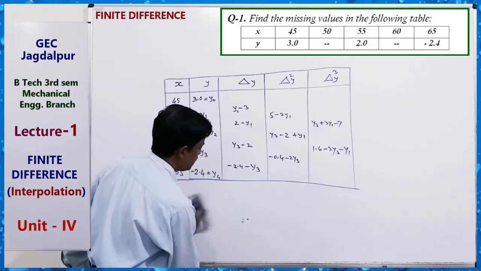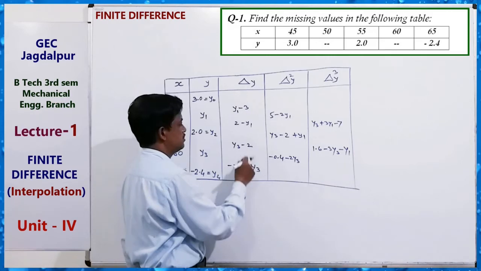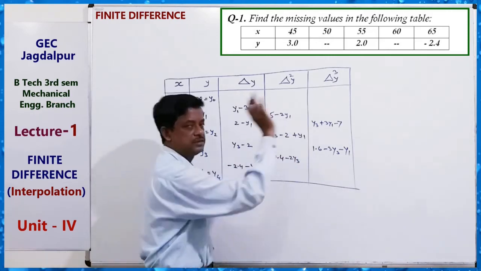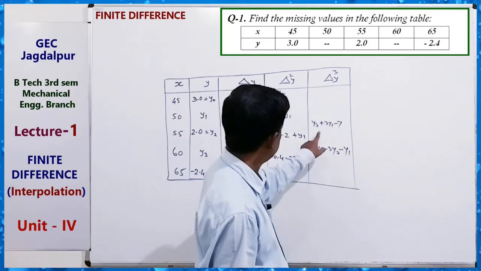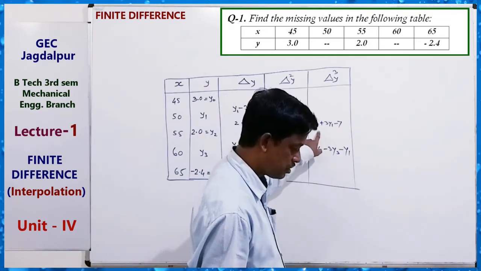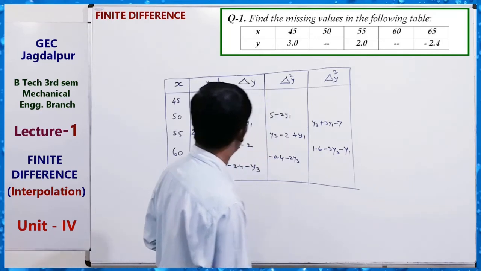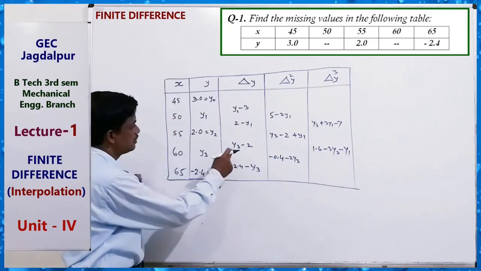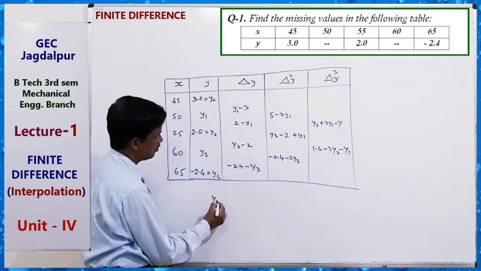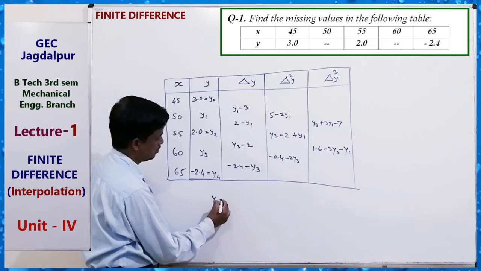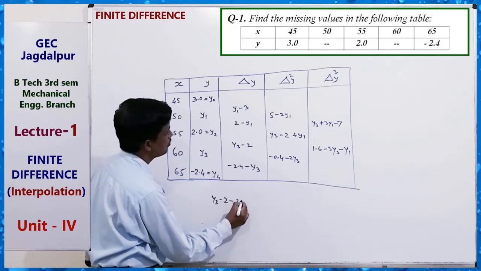So this is the table, but the table creation is simple. This minus this, this minus this, and so on. Okay, table creation. Now 3y1 plus y3, here y3 minus 2 plus y1.